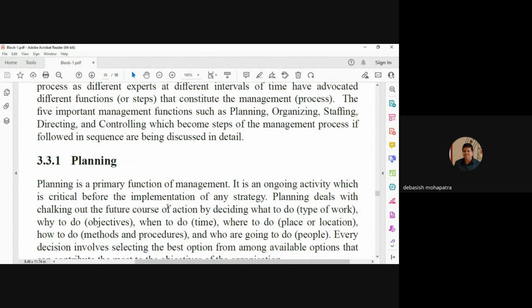The first is planning. Planning is a primary function of management. It is an ongoing activity which is critical before the implementation of any strategy. Planning deals with the chalking out of the future course of action by deciding what to do.